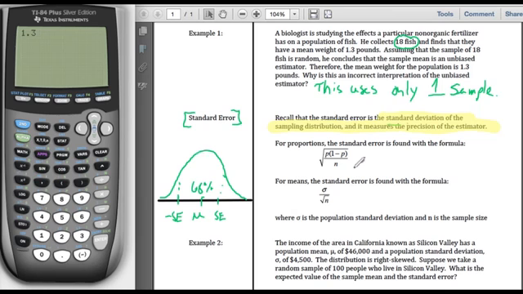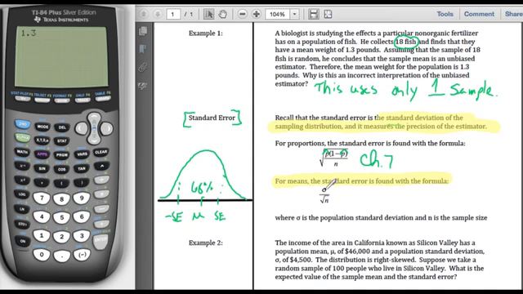And back in chapter 7, the standard error for proportions was the square root of p(1 minus p) all over n. For the estimated standard error, we used p hat if we didn't have p. In chapter 9, for our means, the standard error is found with a much simpler formula.